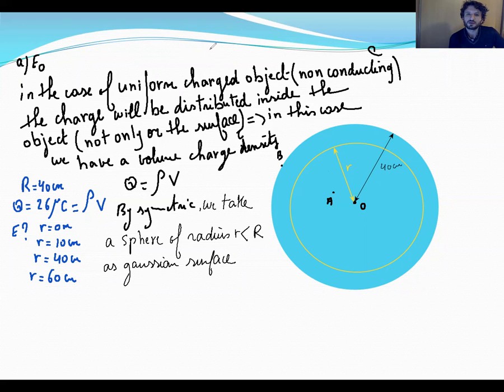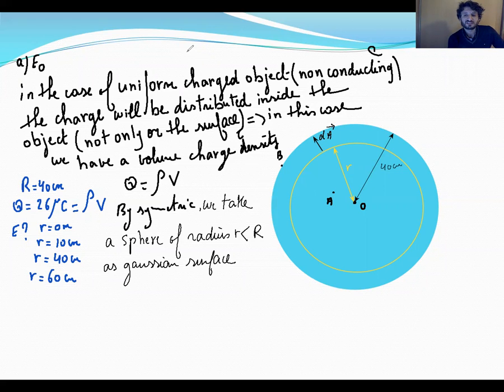Here we have dA, and it's positively charged.